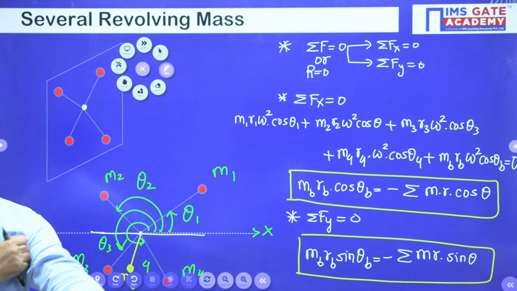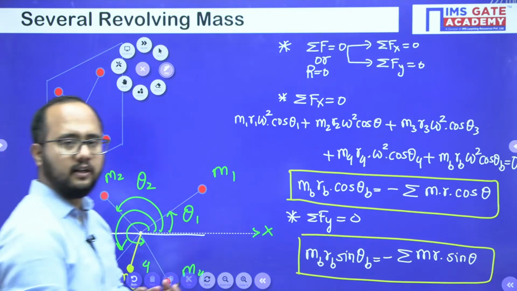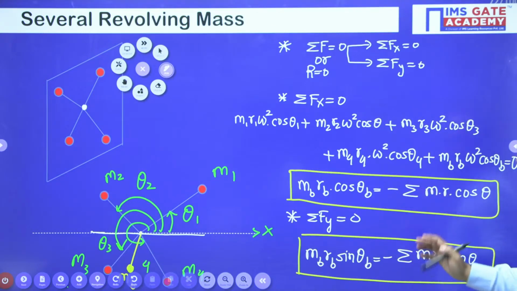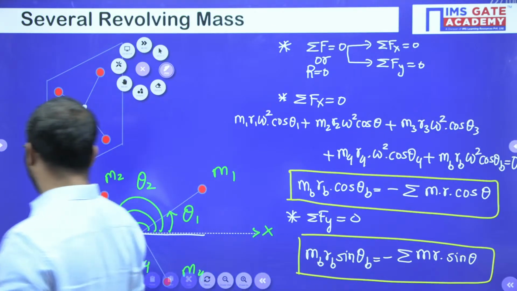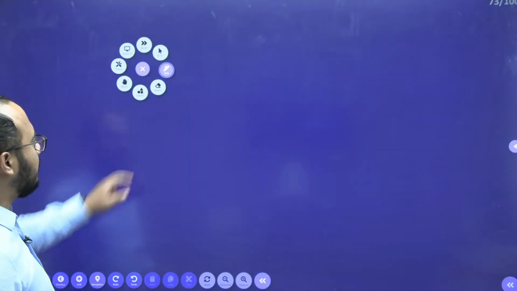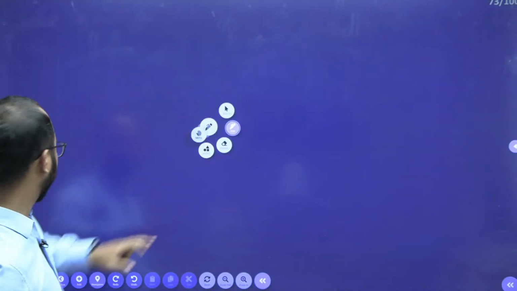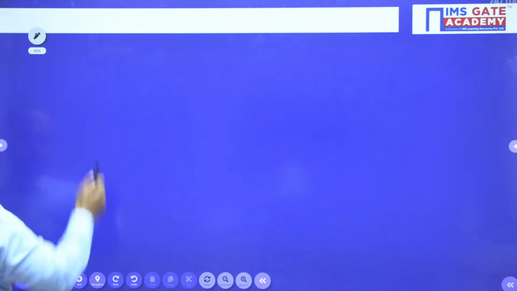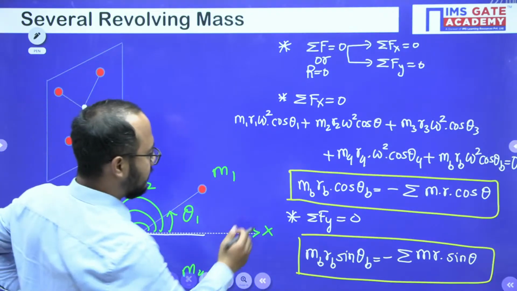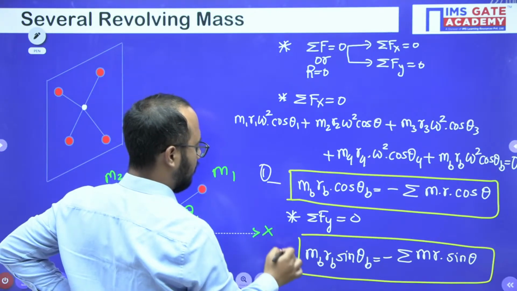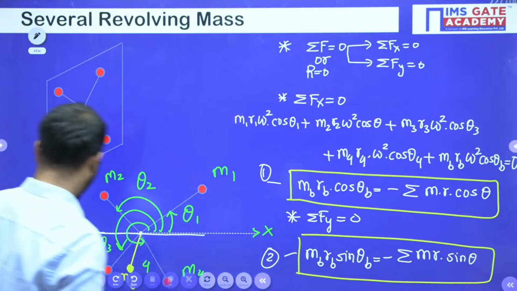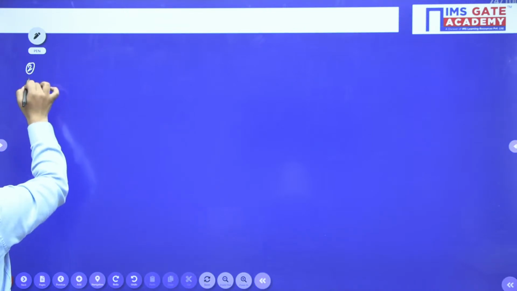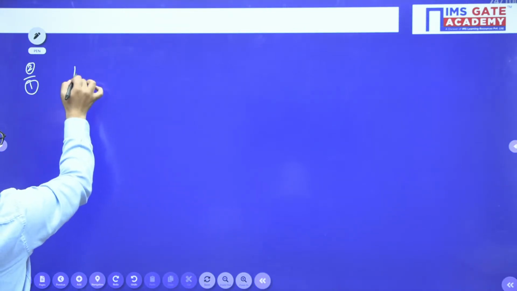Okay, clear? Is this point clear, everyone? Or tell me fast, is this point clear? Right, so like this, two different equations will be there. Now we will utilize both these equations to get our unknown parameter. Whatever they will ask, we'll solve for that one. Okay, now see everyone. Let's suppose this is equation number 1, equation number 2. If I divide equation 2 by equation 1, what will I get? I will get tan theta b.